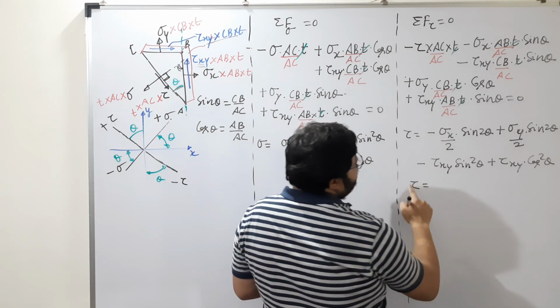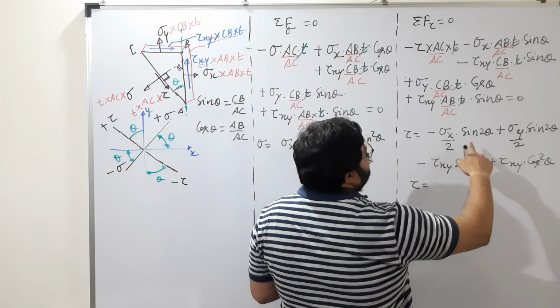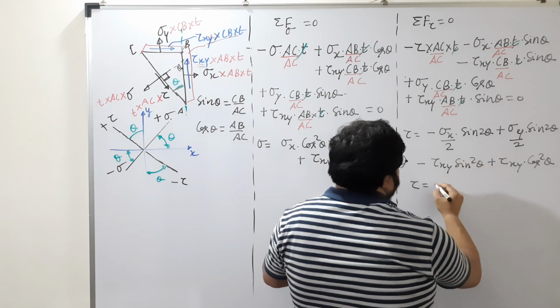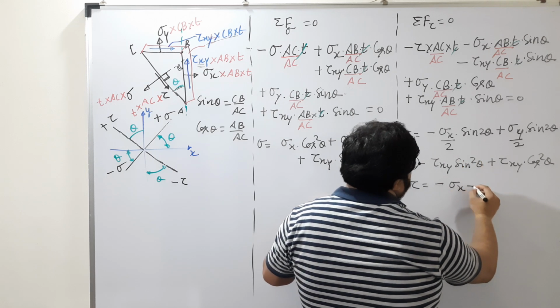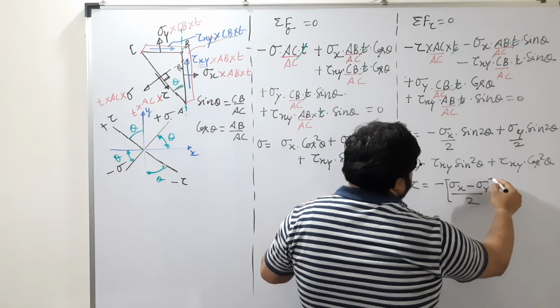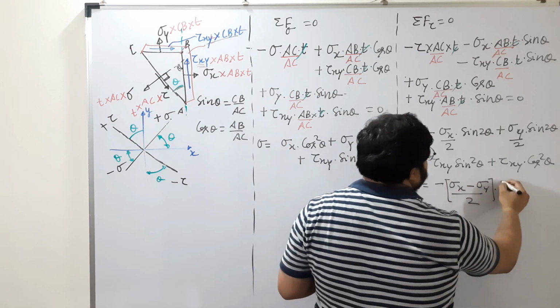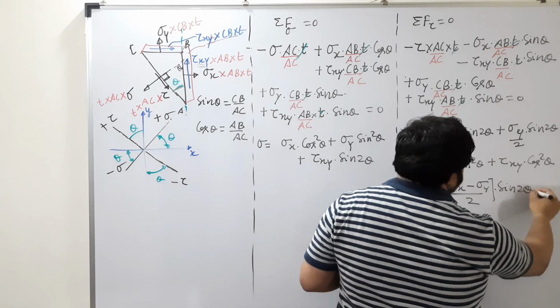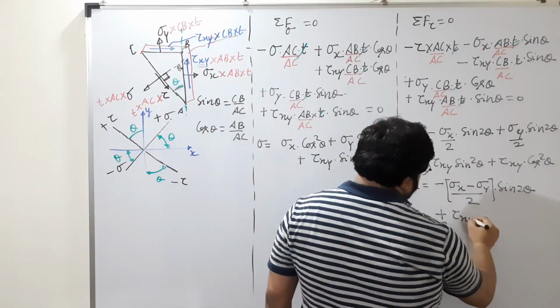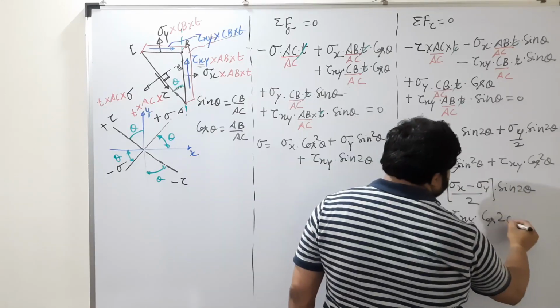Now we can write tau is equal to minus sigma x minus sigma y by 2, this is to be kept in brackets, this value is multiplied by sine 2 theta, and here this will be plus tau xy cos 2 theta, because cos square is 2 theta.